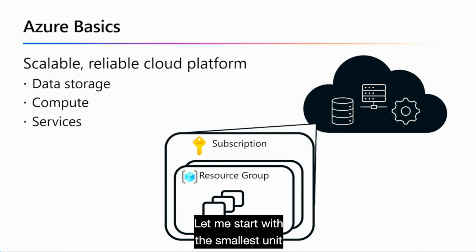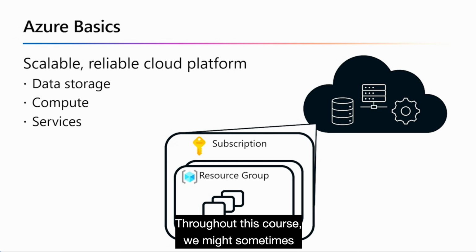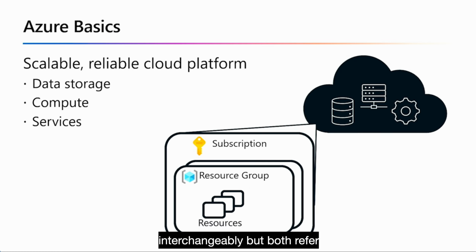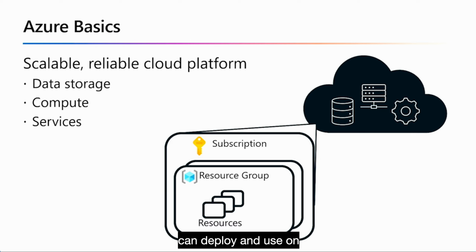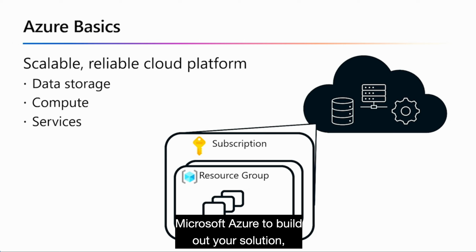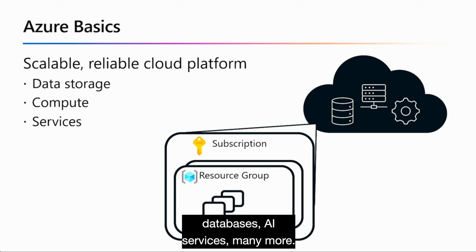Let me start with the smallest unit in the diagram, resources. Throughout this course, we might sometimes use the word service and resource interchangeably, but both refer to the over 200 services that you can deploy and use on Microsoft Azure to build out your solution, which includes virtual machines, databases, AI services, and many more.